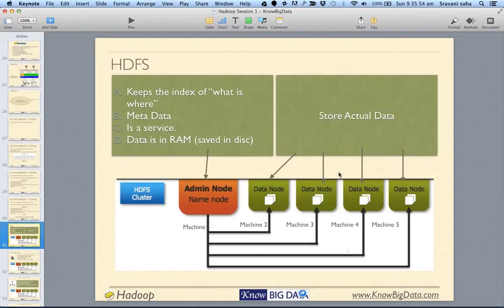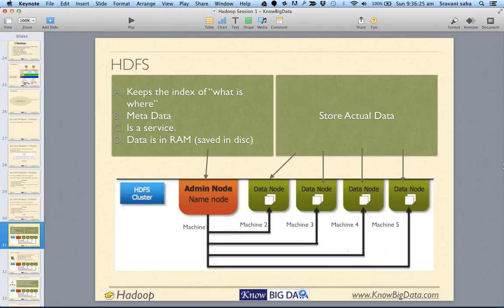All right, so let's try to understand how HDFS is designed. First and foremost, there are two kinds of nodes in HDFS. HDFS is made up of multiple computers. An HDFS cluster is made up of multiple computers. One of these computers is called the admin node. Okay.